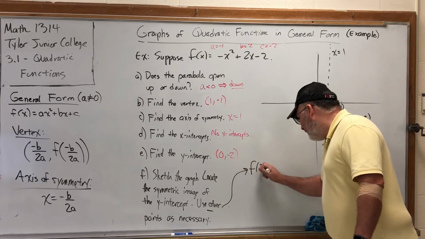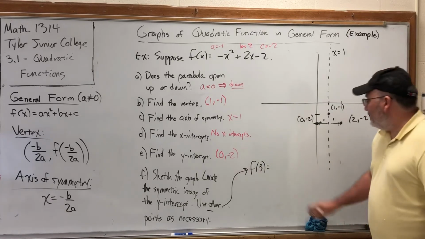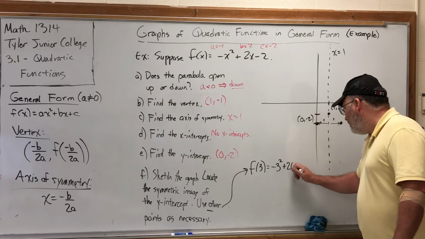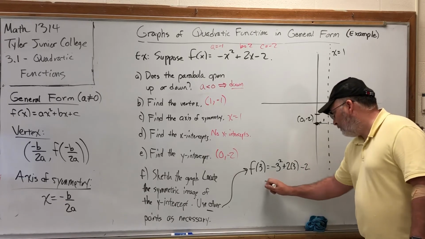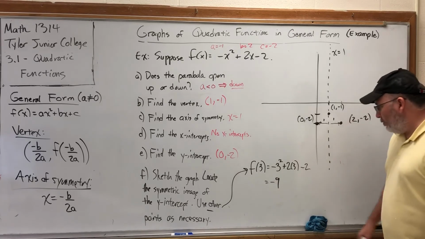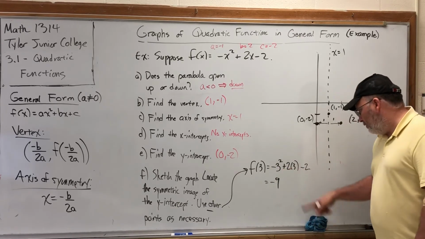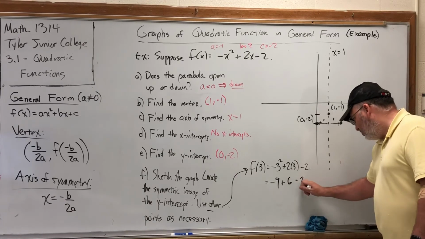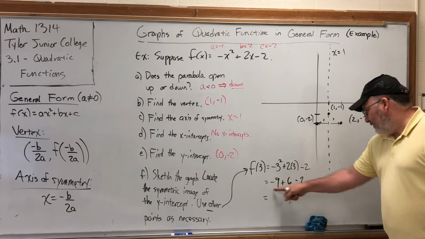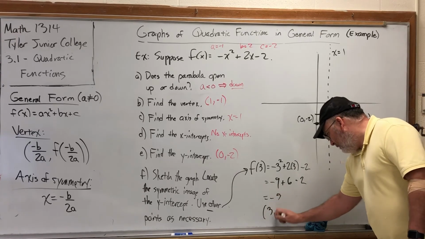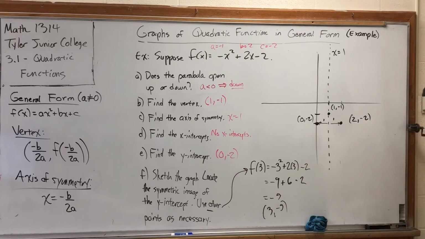If I put 3 into my function, I get -3 squared plus 2 times 3 minus 2. The negative of 3 squared is -9. Remember, the negative is not getting squared here. Plus 2 times 3 is 6 minus 2. -9 plus 6 is -3, minus 2 is -5. So 3, -5 is another point.